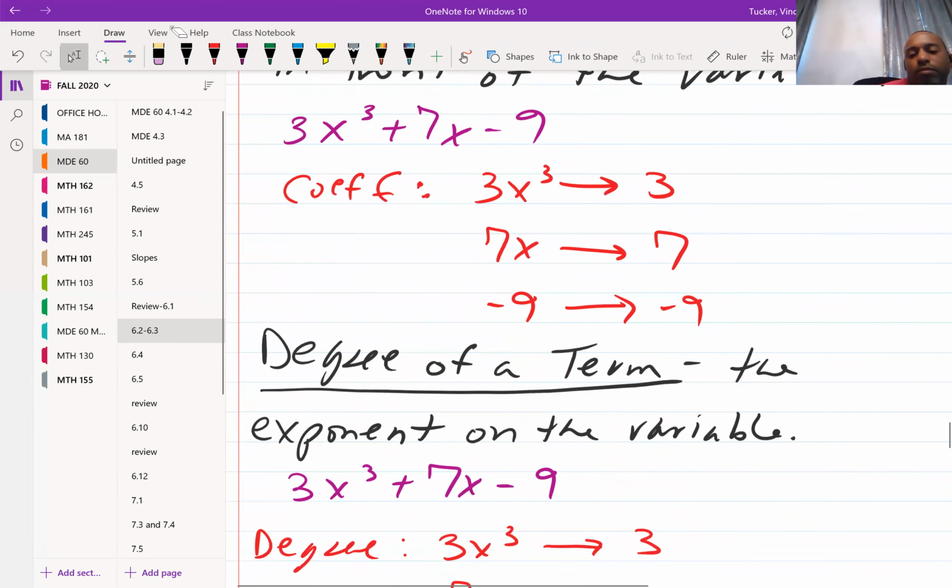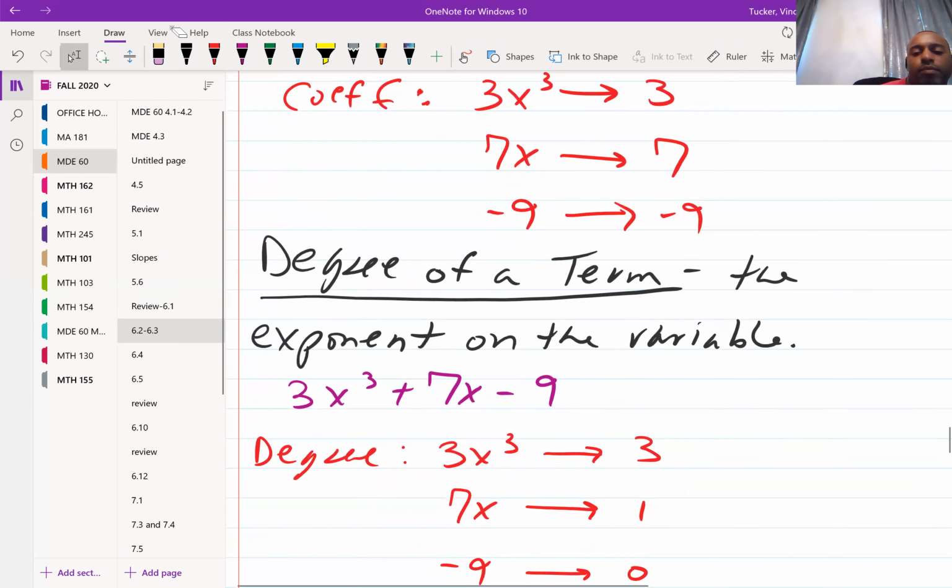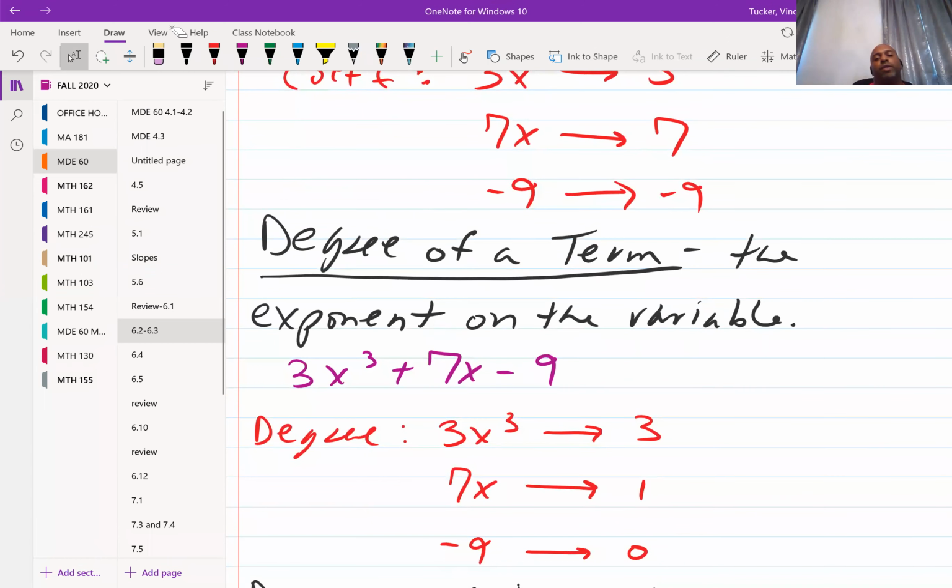Once again, this is just terminology. The degree of your term is the exponent on the variable. So the degree of 3x cubed is 3 because of the exponent, not because of the number in front. I always meant to change one of those numbers, but I keep forgetting to go back and do it. But yeah, 3, and then here there's a 1 that they assume you know because you don't see anything.